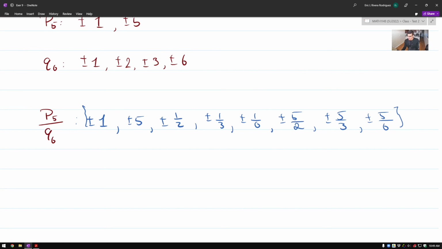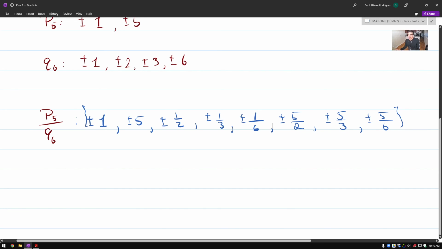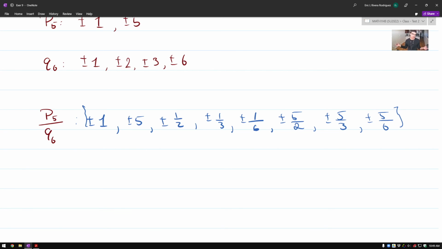All right, so this is 1 over 6. That is step number 1. We have identified the list of possible rational zeros. All these numbers are not necessarily the zeros of the polynomial, but they are the possible rational zeros.